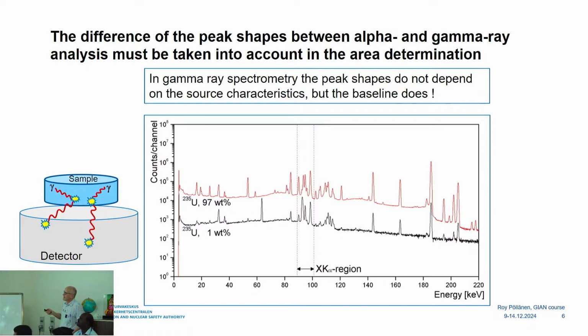The peak shape doesn't depend very much on the source characteristics. But in alpha spectrometry, the peak shape depends on the source characteristics. Of course, it depends on the energy a little bit, but not very much.